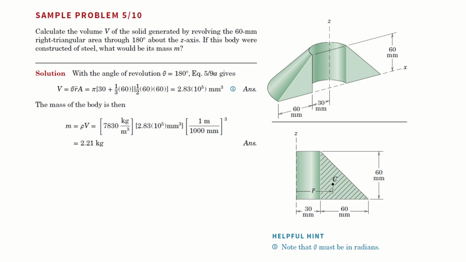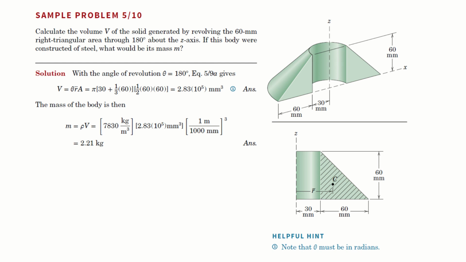Now in the next problem, we have to calculate the volume of the solid generated by revolving a 60 millimeter by 60 millimeter right angle triangle area through 180 degrees. So we have a right angle triangle that is rotated about 180 degrees about the z-axis. Considering it is steel, what will be its mass?